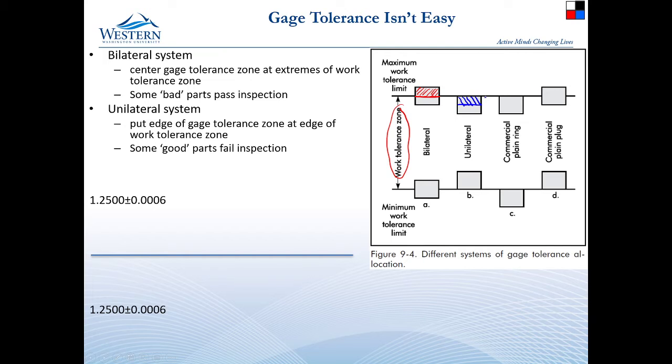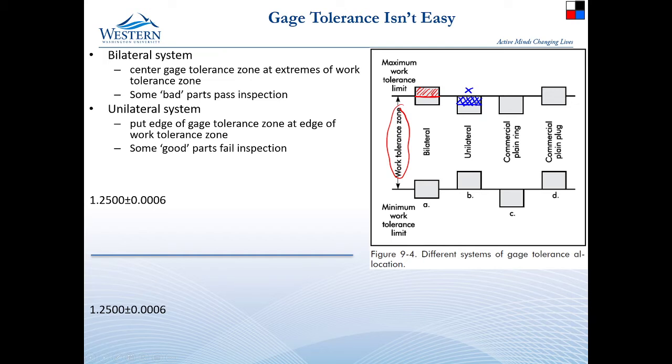So the good part of this is I don't have anything that is outside the tolerance. So I'm not going to ever allow any bad product to go down the line, but I am going to throw away some good products that would not have to be thrown away. But I have to give the gauge maker some tolerance zone to hit.